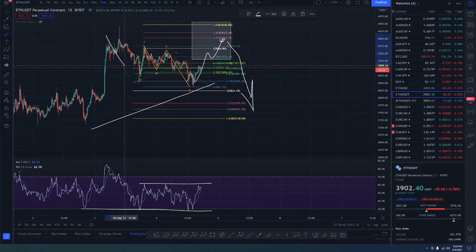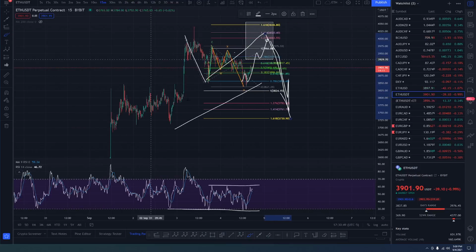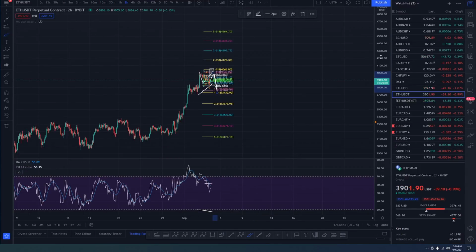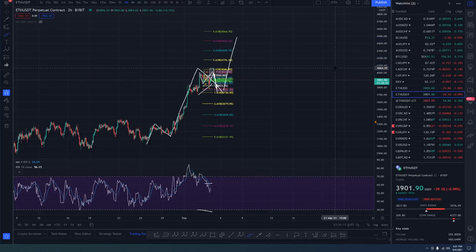And this will be A, B, and then a 5-wave C. And depending on where the RSI is and what the RSI is doing in the higher time frames, that, my friends, is probably a 4th wave. 1, 2, 3, 4, 5. Y'all track it? It's the same thing over and over, isn't it?